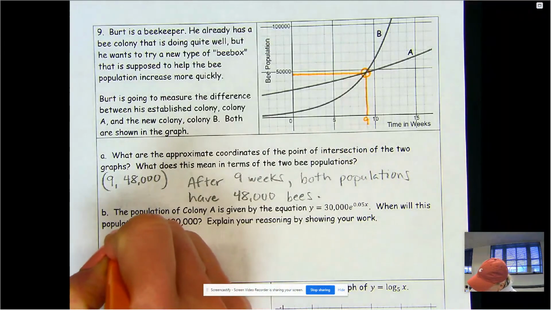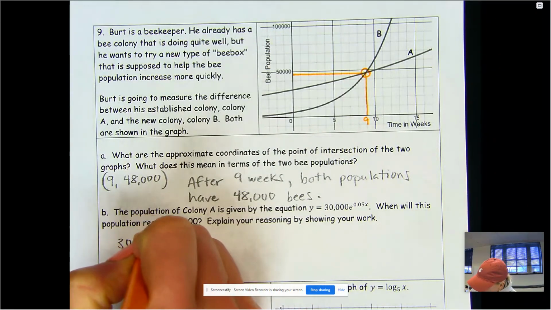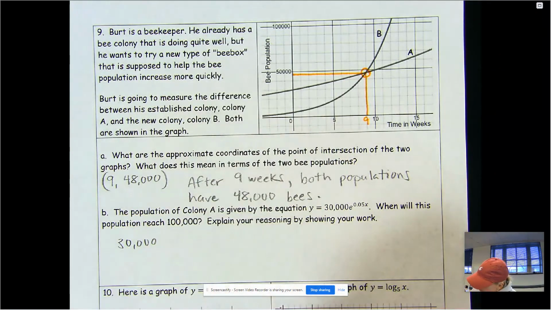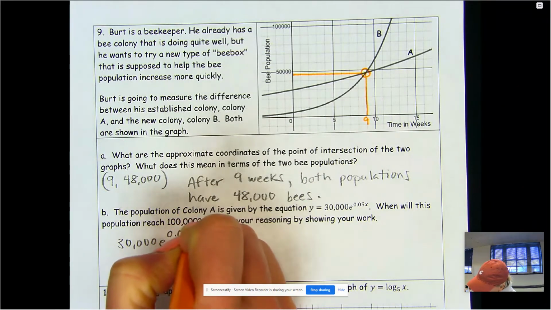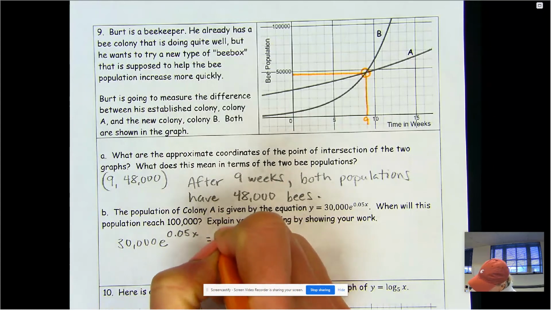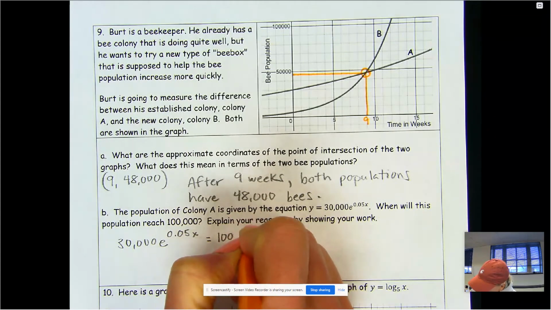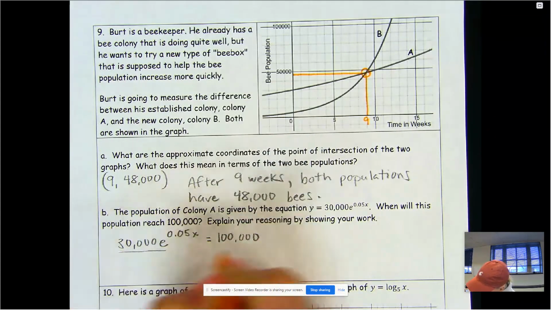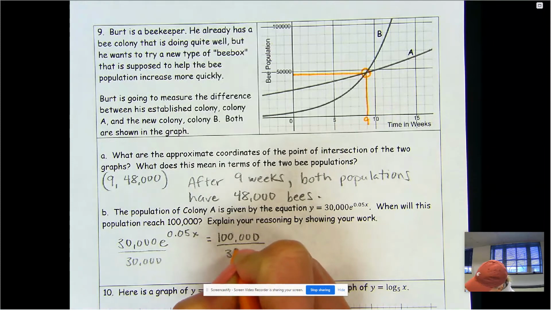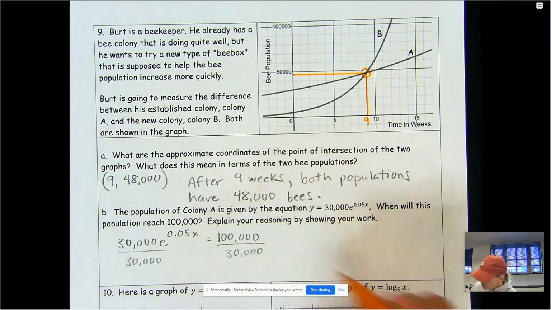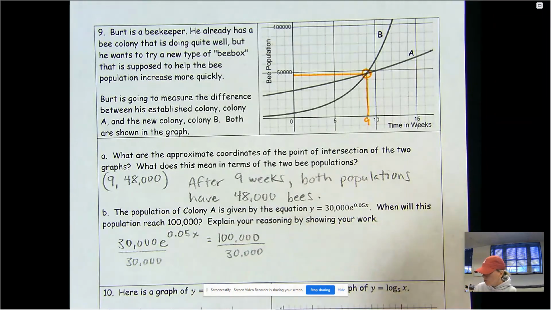So 30,000 e to the 0.05x is equal to 100,000. Okay, we start this by dividing by the 30,000. And I'm just going to reduce the fraction over here.